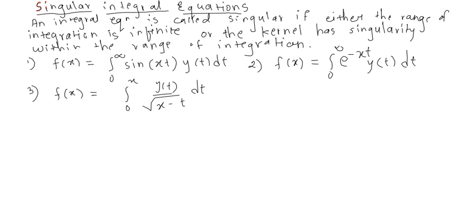The kernel K(x, t), which is 1 upon root of x minus t, will become indefinite. Sorry, it will become not defined. Okay, so it will have a singularity, and therefore this equation is a singular integral equation.